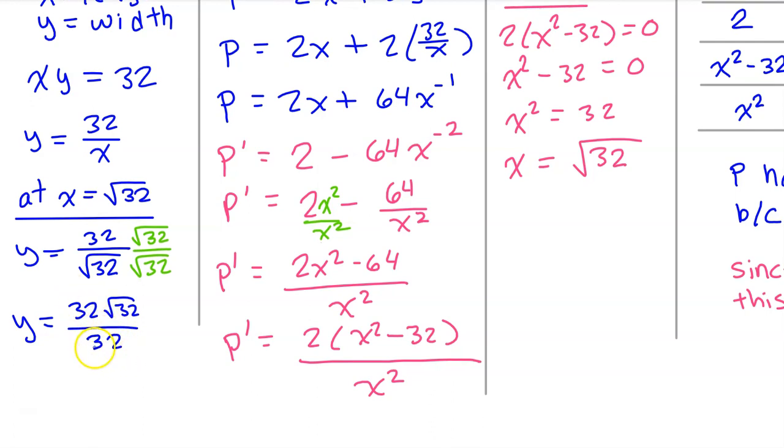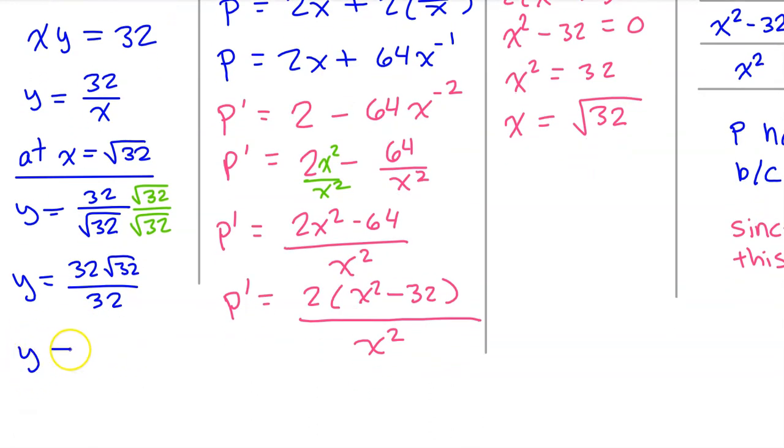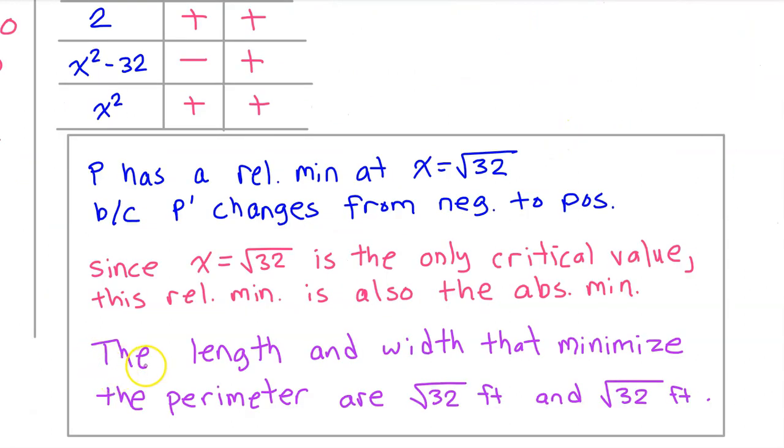The 32's cancel, and we have y equals radical 32. Where have I seen that before? Analyze your answer by adding this. The length and width that minimize the perimeter are radical 32 feet and radical 32 feet.